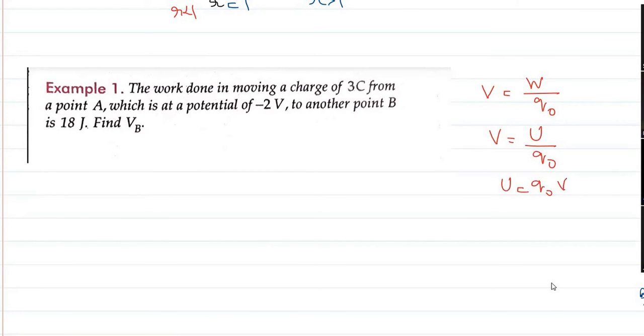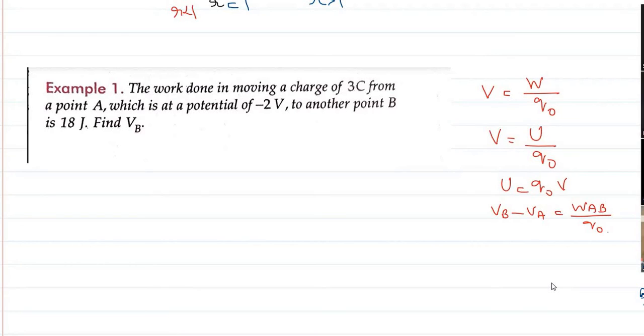Any other formula? Then VB minus VA is nothing but the work done in bringing the charge from A to B per unit charge, the potential difference between these two points. So all these formulas, keep them in mind, we will do one by one.